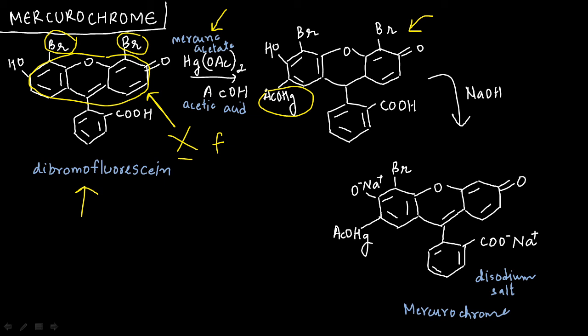Write it down if you can. Then we react it with NaOH, and we get the final disodium salt. As you can see, this is a quinoid form, and it is known as mercurochrome. Disodium: there is one sodium atom here and one here. And there's a bromine atom here as well, so don't forget it.